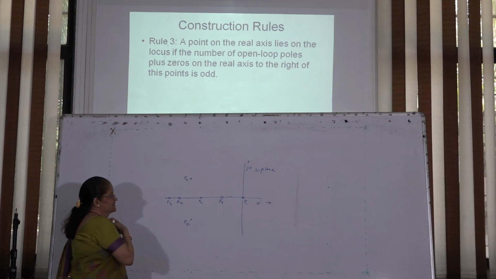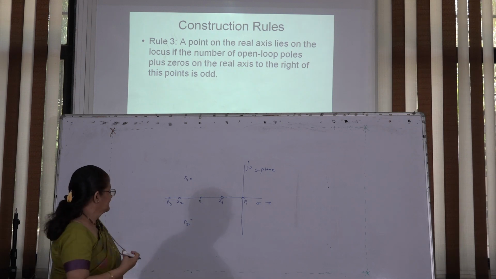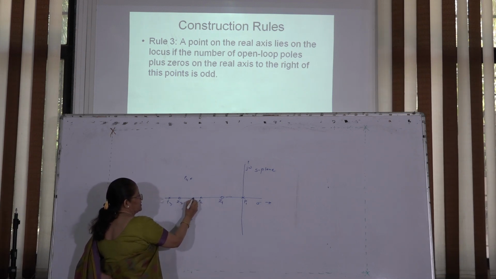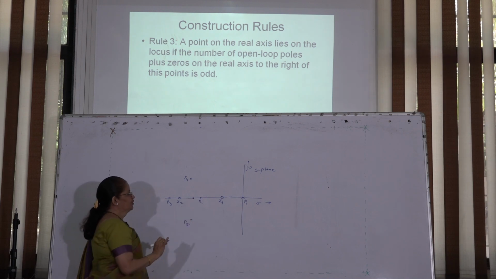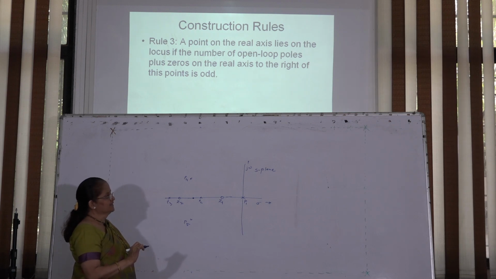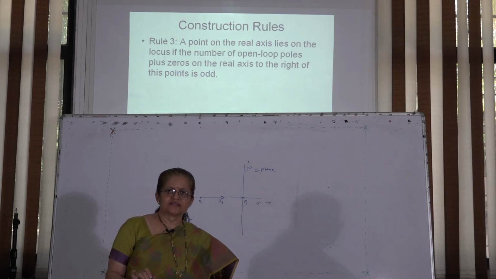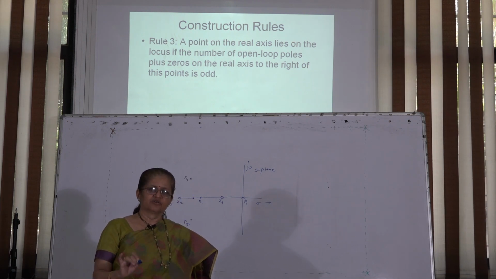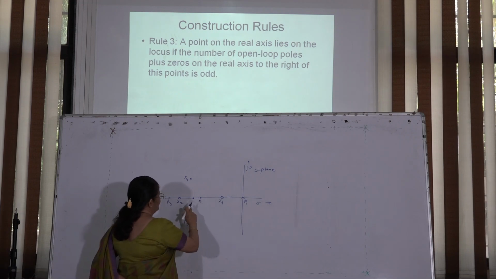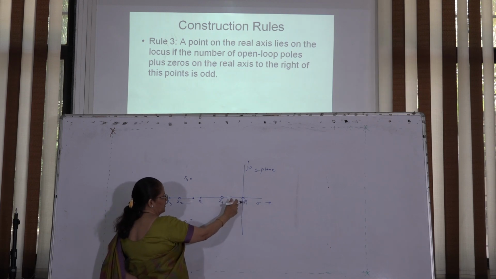Now, what does the rule say? The rule says a point on the real axis, meaning I want to find out whether this point on the real axis is on the root locus. So, how will you consider this? We have to apply the angle criteria. If the angle criteria is satisfied, then the point is on the root locus. If I am considering this as S0, what is the angle made by this pole P1?